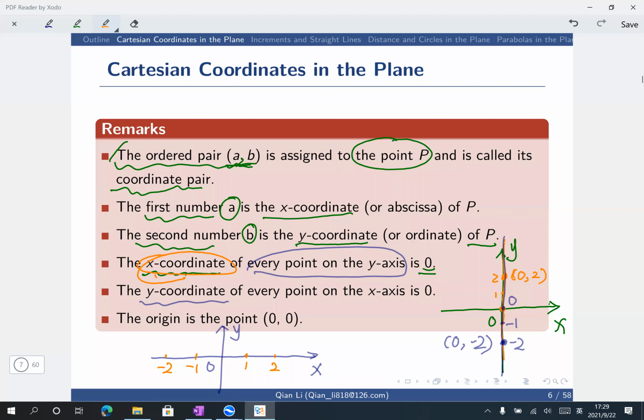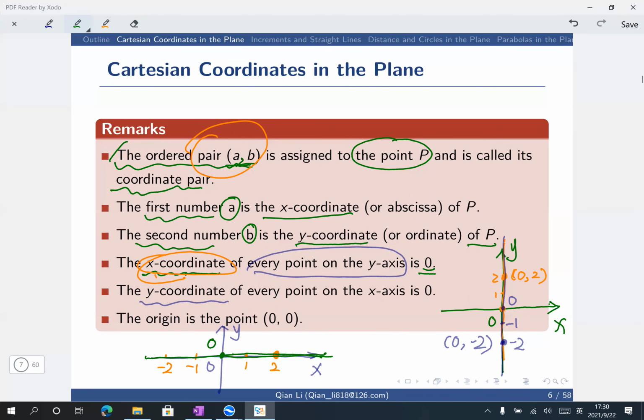If we take this point on the x-axis and draw a horizontal line, it will intersect the y-axis at 0, right?